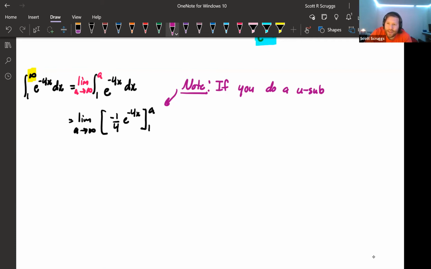And so because it is still technically a definite integral, just like how we learned u sub for definite integrals at the beginning of the semester, I do need to change my bounds when I do a u sub for a definite integral.